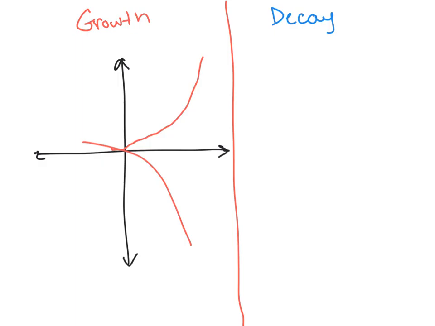If we look over at exponential decay, and before I do that, let me just mention that, as I said before, if there is a number added here, that's just going to shift the graph up or down. In the case of exponential decay, these are functions in which this B value is less than 1. So, a decrease or decline in population or sales or whatever it might be.